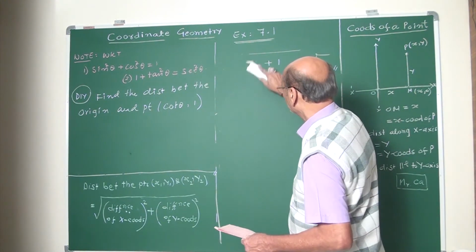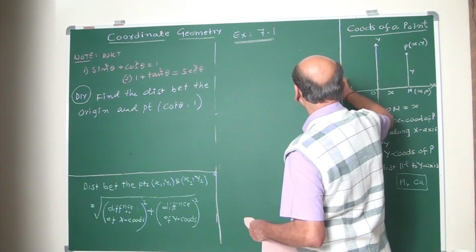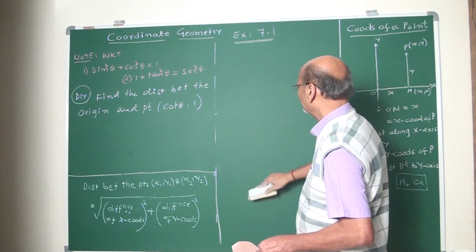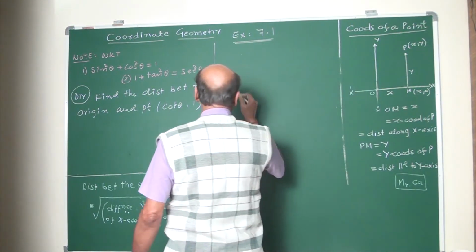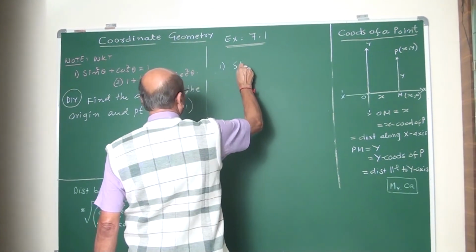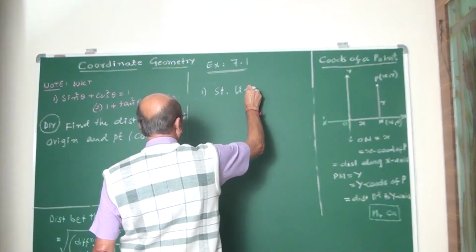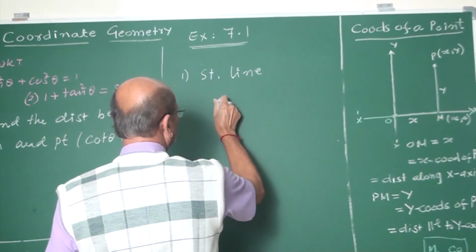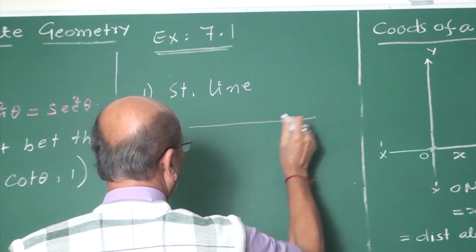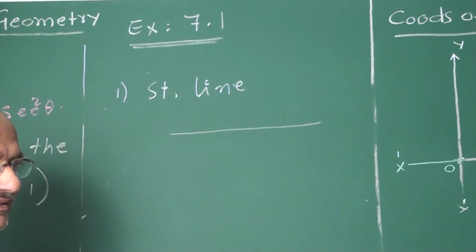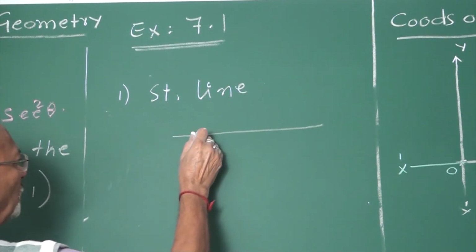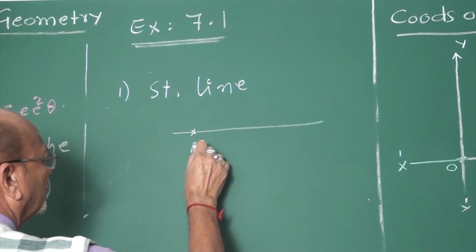First figure is a straight line. And what examples can we expect? Show that the points lie on the same line.